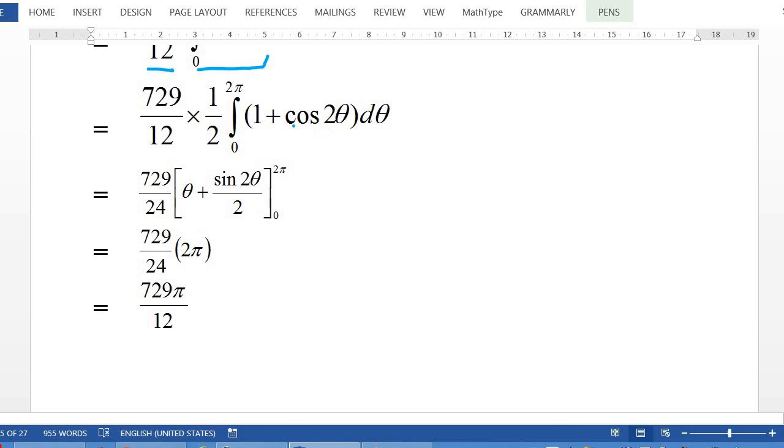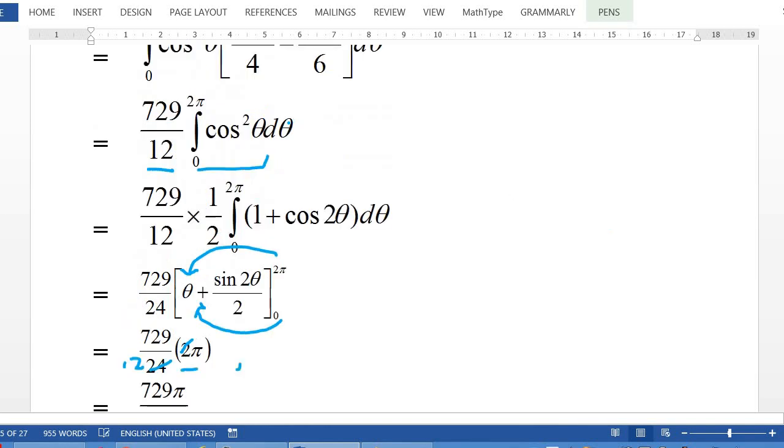Integrate cos 2 theta, get positive sin 2 theta over 2. Plug in theta from 0 to 2 pi. Here sin of 2 times 2 pi, sin 4 pi, is 0. When you plug in 0, sin 0 is also 0, that's why you only have 2 pi. So in total the answer, and here it cancels to 729 over 12.